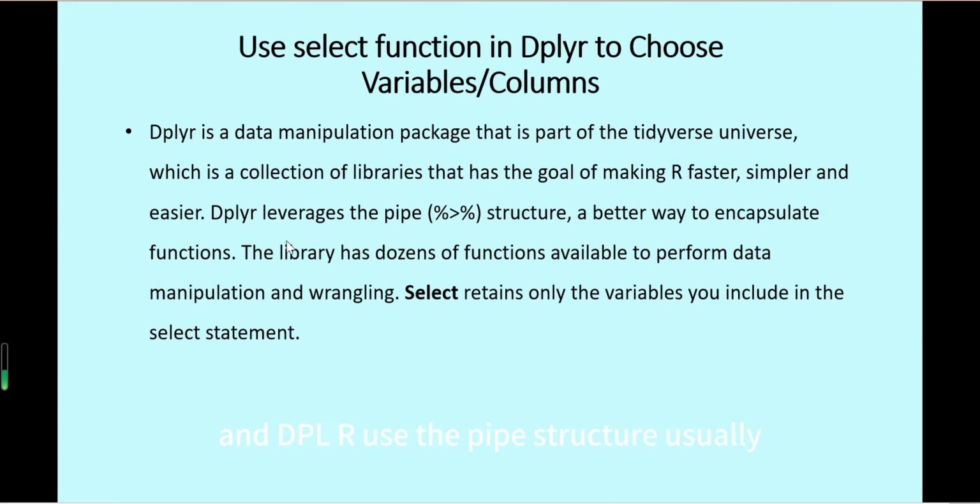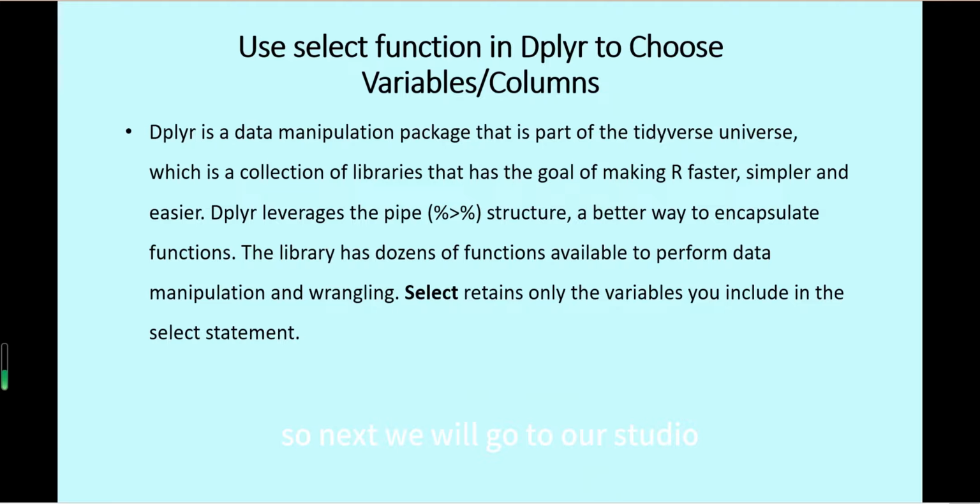Dplyr usually uses the pipe structure, which is a better way to chain functions. The library has dozens of functions available to perform data manipulation and wrangling. Here we will show how to use the select function to select variables.